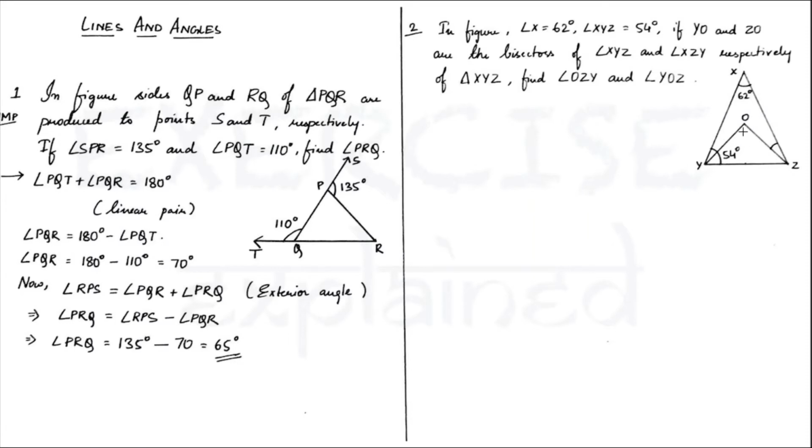Now what we can understand from the question is, YO is the bisector. So if we have to find this angle, that is OYZ, that's going to be half of 54 degrees. So for that, first we will find the value of this entire angle. That means we will find XZY.